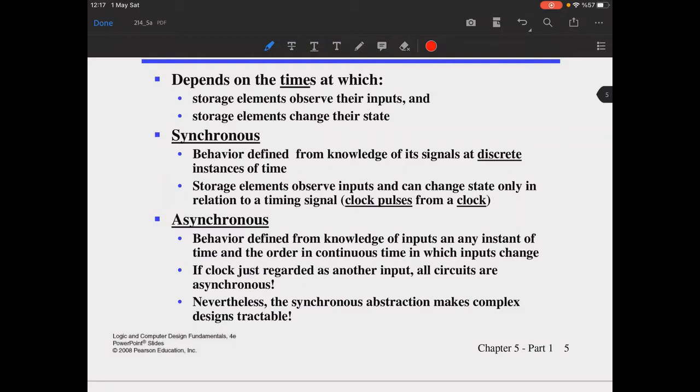Nevertheless, you can see that the synchronous abstraction makes more complex designs tractable. If your system is updated at discrete times, you usually get a more controllable, more understandable, more feasible solution. Asynchronous circuits can result in more complex or hard to handle systems, but of course, if you need them, you can rely on them.